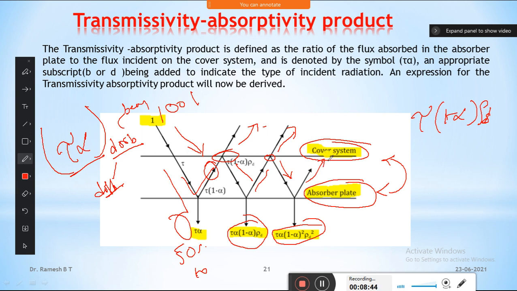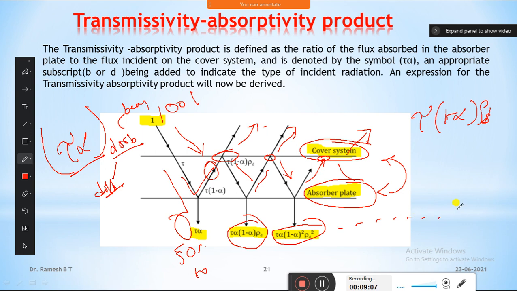Clear? And again this reflected part striking the cover, some portion will refract and some portion will reflect. These reflected parts are wastage, meaning directly loss of the radiation. And the refracted part will again go onto the absorber plate and be absorbed, and this will continue. It is a continuous one.